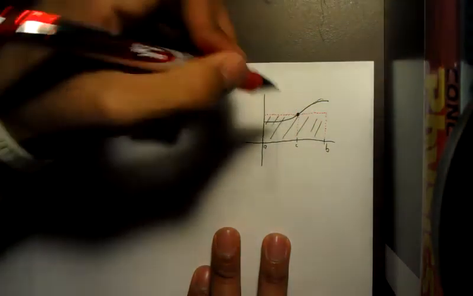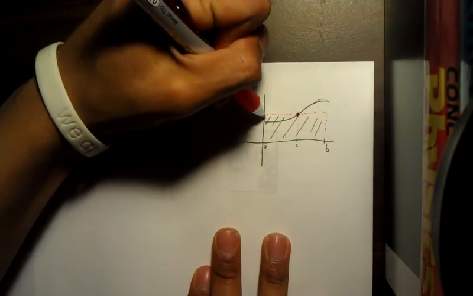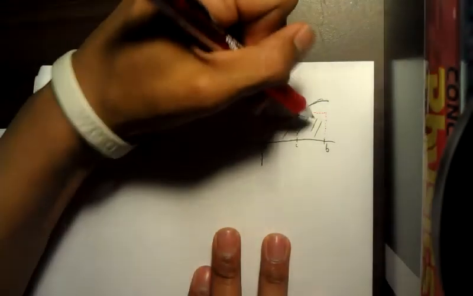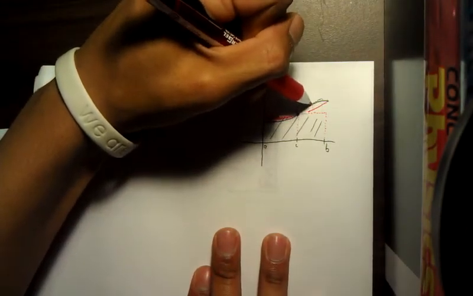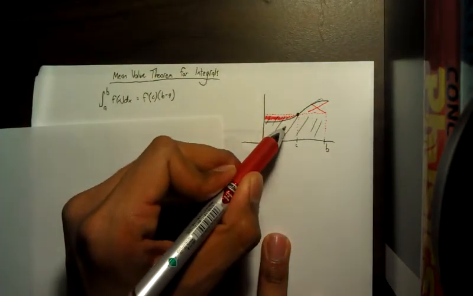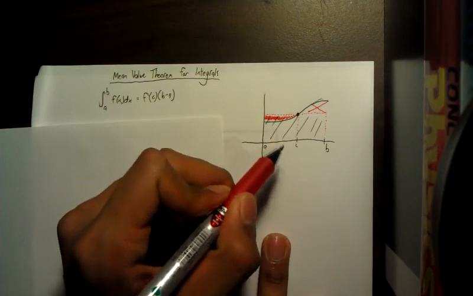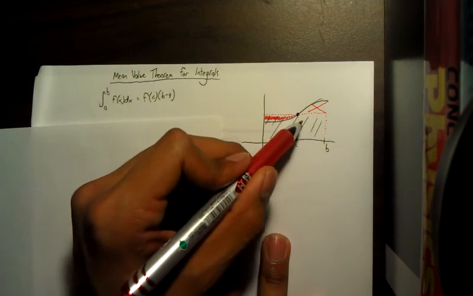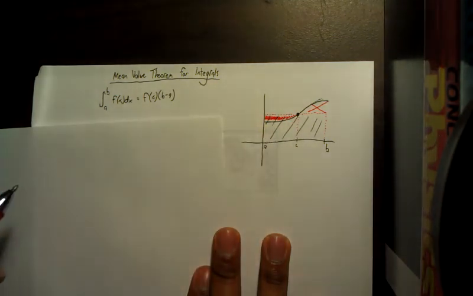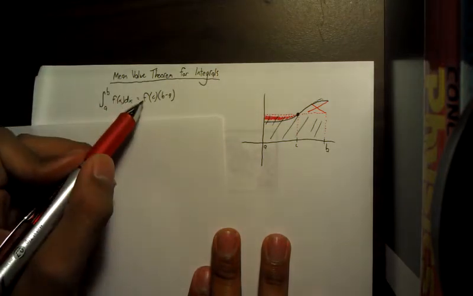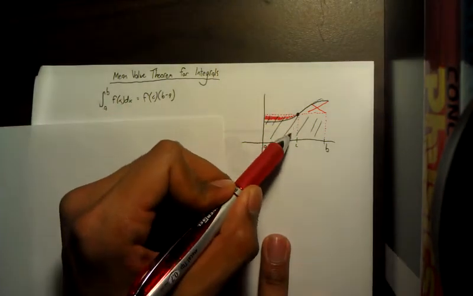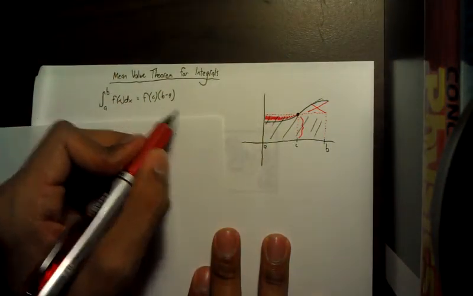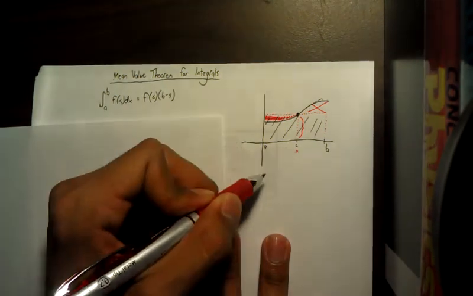So if you take a look here, we're adding on this section, but we're taking out this section. And so essentially these two cancel each other out, which means that the rest of the area would be accurate to the area under the curve. f of c is just this value right here, and then times b minus a, that's going to give you the value right there.